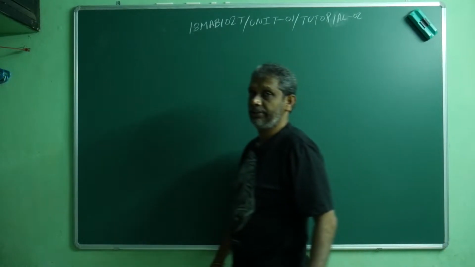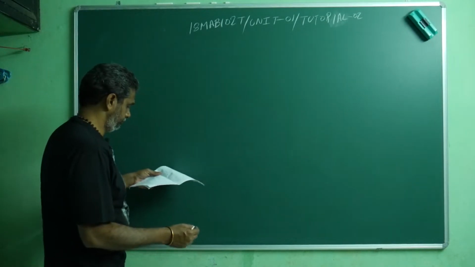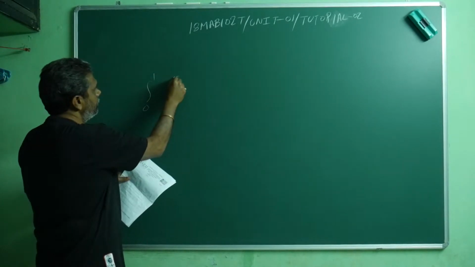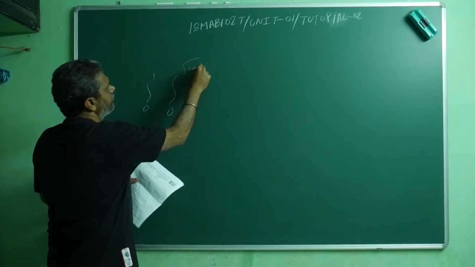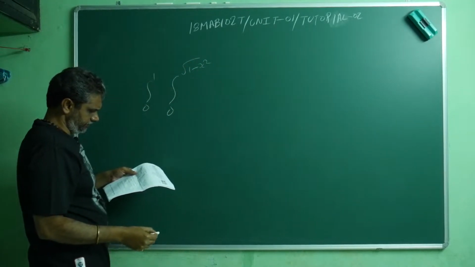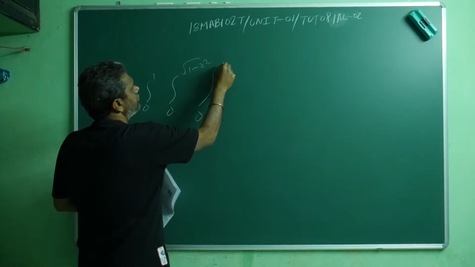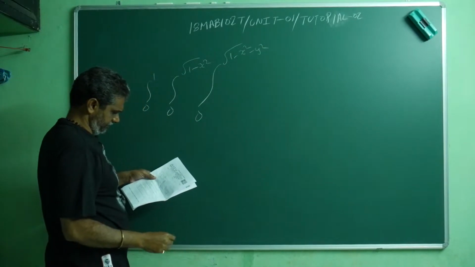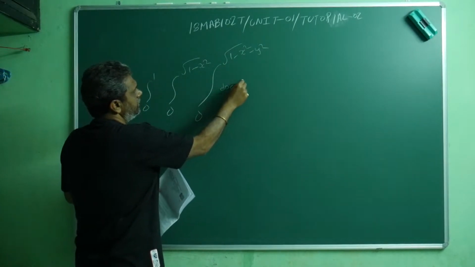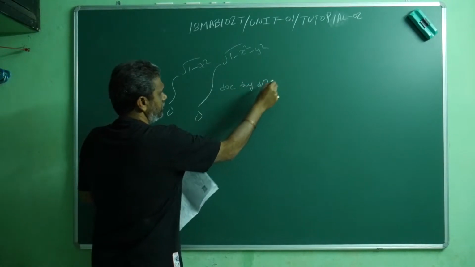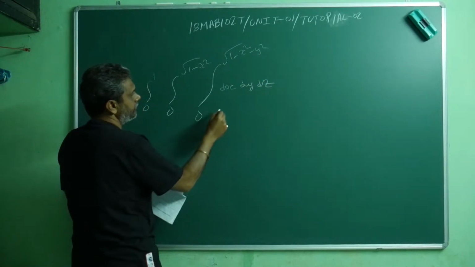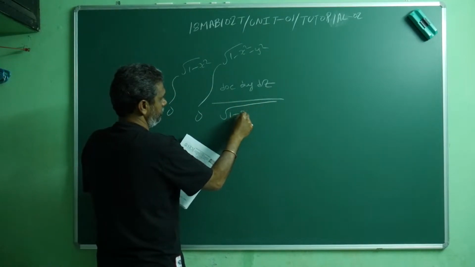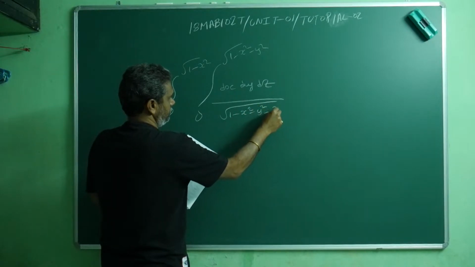See, evaluate the integral 0 to 1, 0 to 1 minus x square, 0 to root of 1 minus x square minus y square, dx dy dz by root of 1 minus x square minus y square.